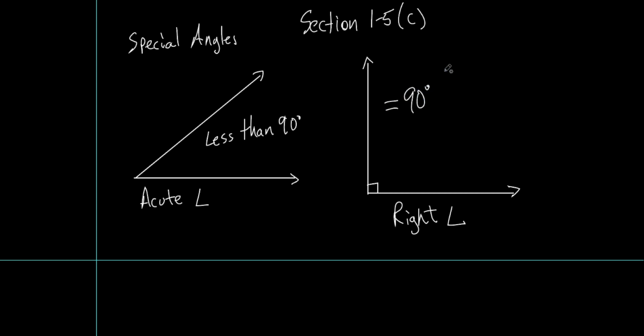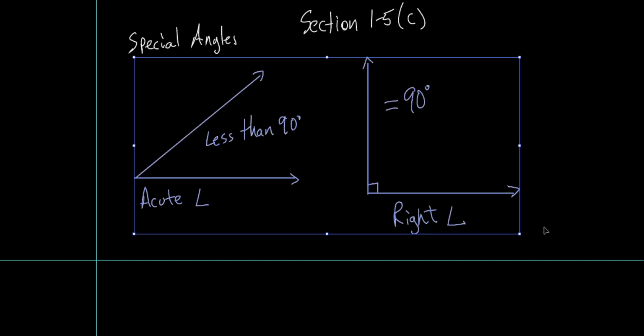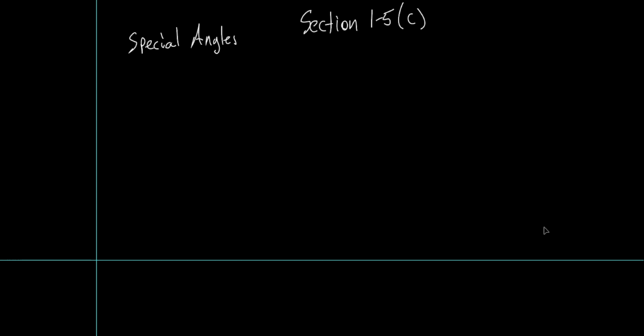It's exactly equal to 90 degrees. It's not less, it's not more, it's exactly 90 degrees. Pretty simple, isn't it? It's simple, but it's important because we're going to see this kind of stuff later on. We're going to see a lot of it, the 90 degree angle things.